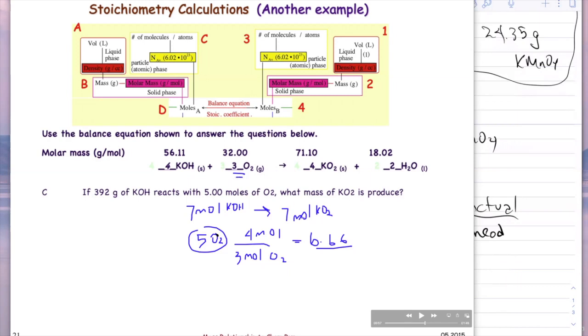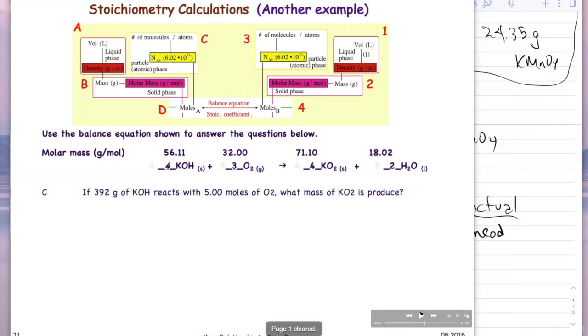And you do that not by looking at the fact that you have 7 moles of KOH and 5 moles of oxygen, but by figuring out how much of each of these is going to produce this product so you can calculate the lower quantity. And the lower quantity is always going to be the limiting reagent. So let me go ahead and clear this, and then I can show you that step right there.